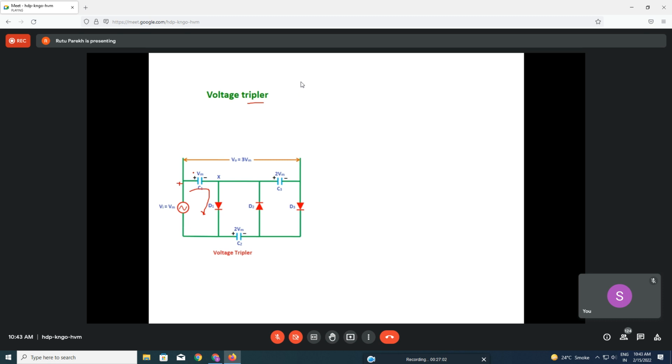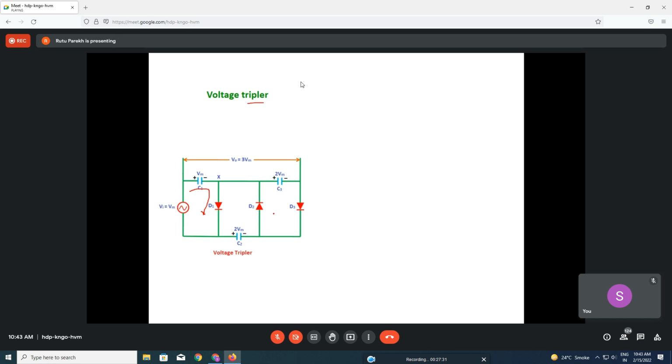Now during the negative half, C1 and C2 and D2 will be connected. D1 will be reverse biased. D3 will be reverse biased. And C2 will charge to 2 VM. In the negative half, who is forward biased and who is reverse biased? D2 is forward biased and D1 and D3 are disconnected.